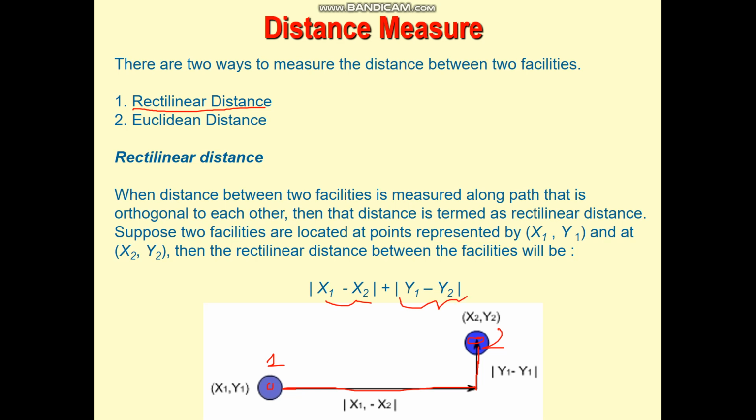How about the Euclidean? For Euclidean, we calculate the actual distance from the first point to the second point, from here to here. So we calculate the Euclidean distance by taking x1 minus x2 and squaring it, then adding y1 minus y2 squared, and we take the square root of this sum.